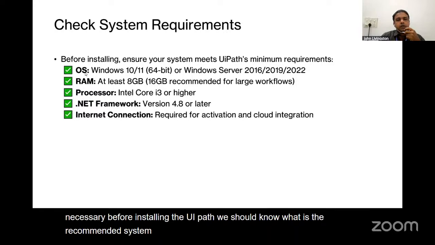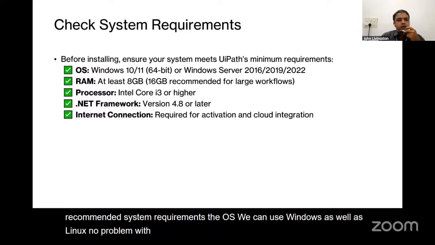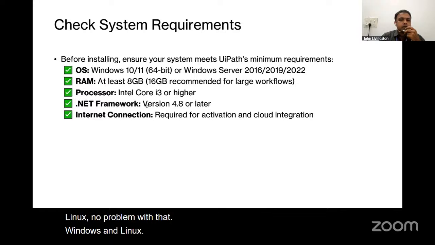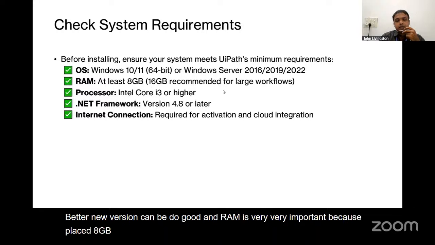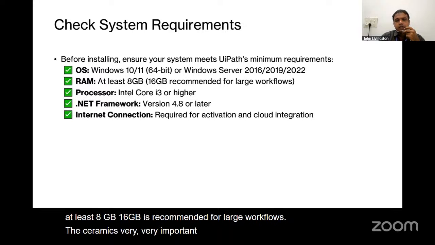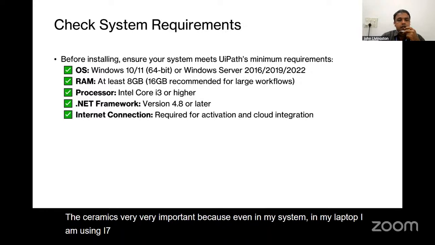The OS, we can use Windows as well as Linux, no problem with that. Windows and Linux, a newer version works better. And RAM is very, very important because at least 8 GB, 16 GB is recommended for large workflows. Even in my laptop, I'm using a Core i7 and 16 GB.